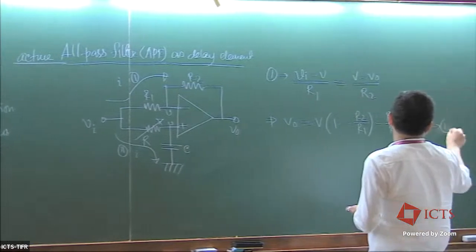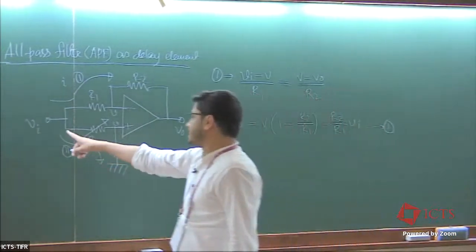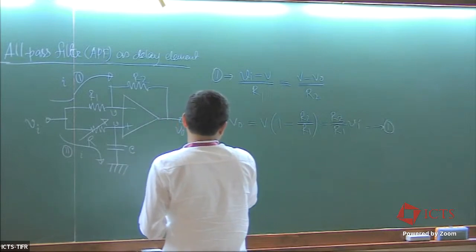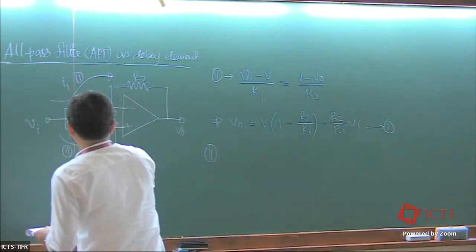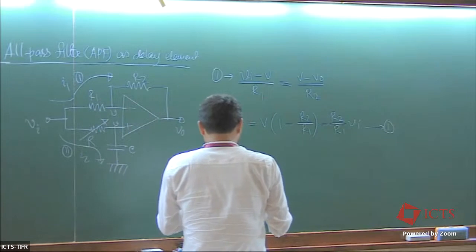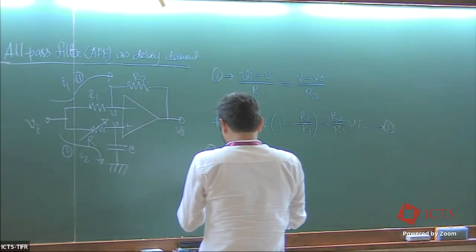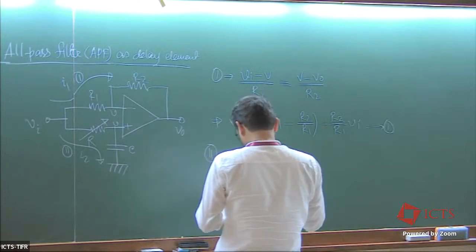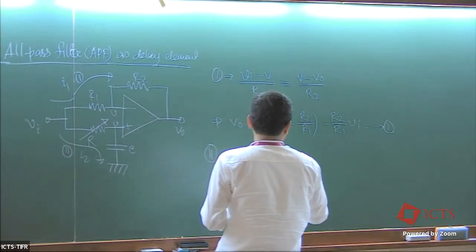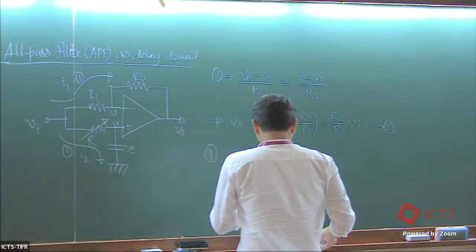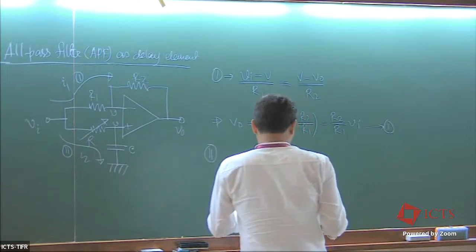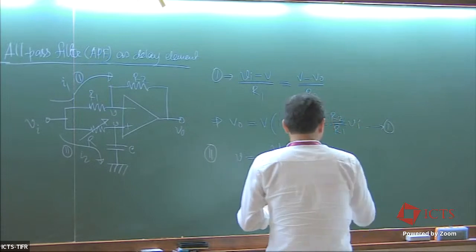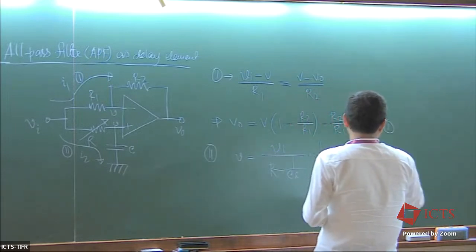Suppose this is number 1, and consider the equation in the second branch. Here I1 current and I2 current. So here you can get V is equal to VI divided by 1 by CS, R plus 1 by CS, into 1 by CS.